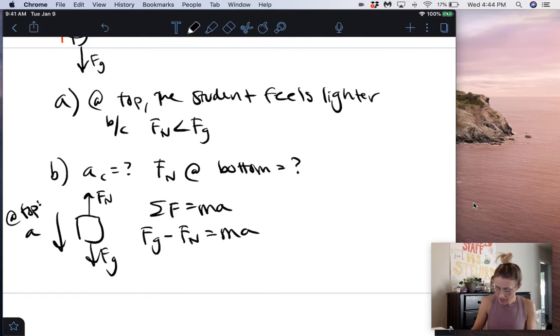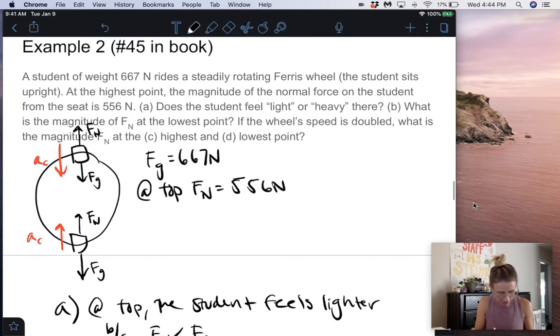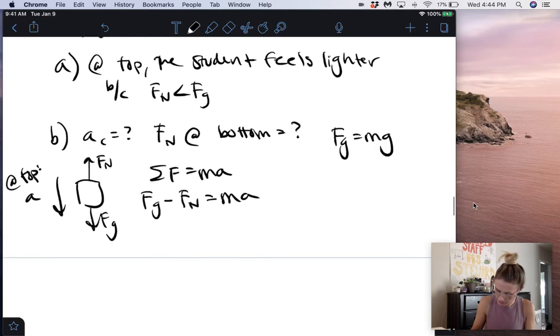I can find mass because force of gravity is equal to mass times acceleration of gravity, so mass will be force of gravity divided by acceleration of gravity. That's 667 divided by 9.8, which is 68.06. So mass equals 68.06 kilograms. Now I can plug my numbers in.